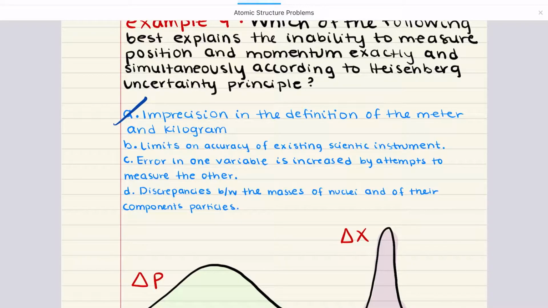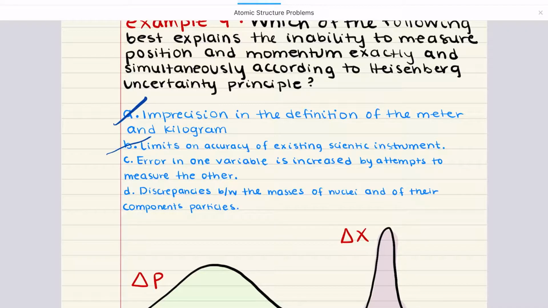B says, limits on accuracy of existing scientific instruments. This option is also incorrect. While measuring instruments do have limits, the uncertainty principle is not due to instrumental limitations. It's more of a fundamental characteristic of particles at that quantum level. So B is also incorrect.